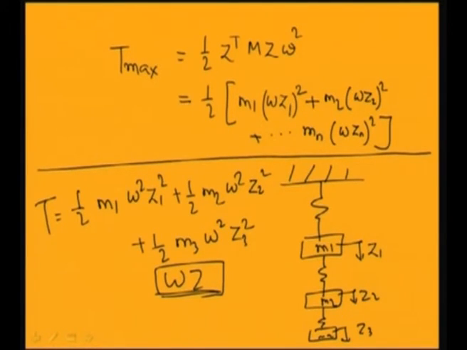Now we have to guess the values z1, z2, z3. In this case I can take the static deflection, where the displacement of the first mass will be proportional to m1g, the second to m2g, and the third to m3g. With this static deflection we can find the potential energy of the system.